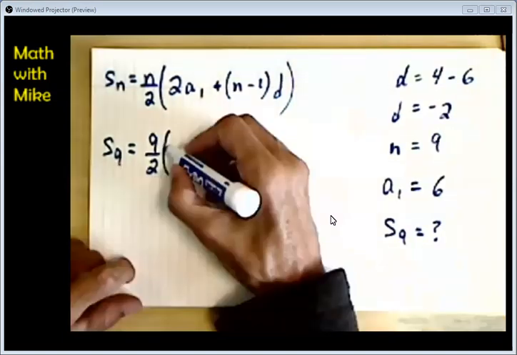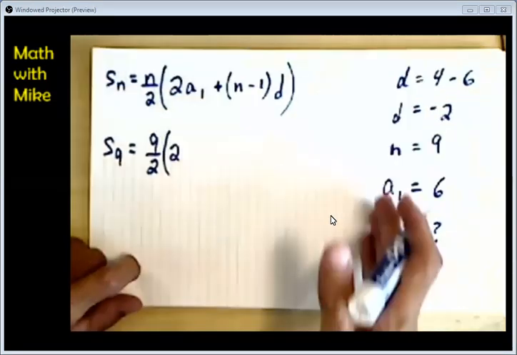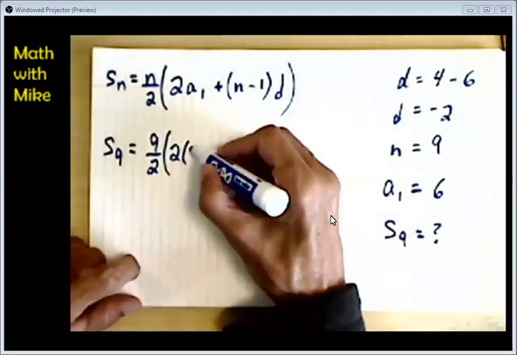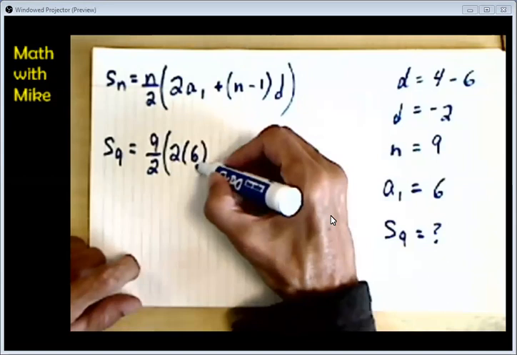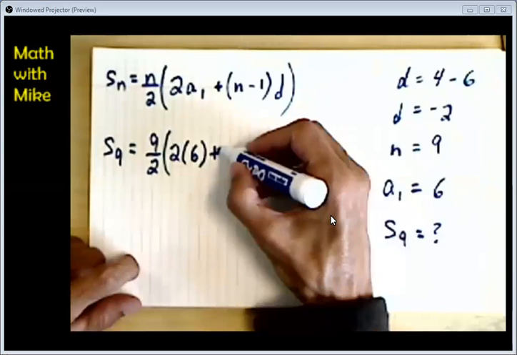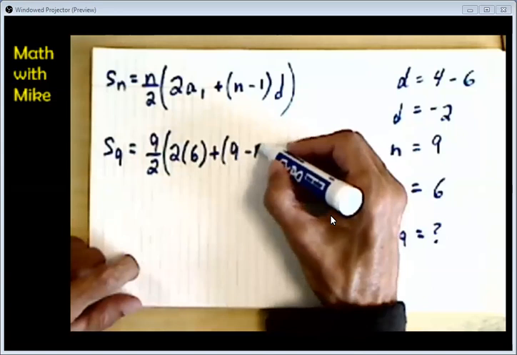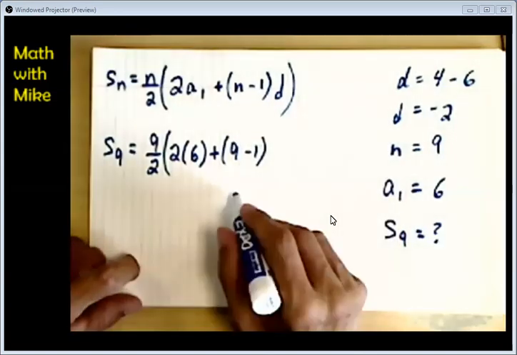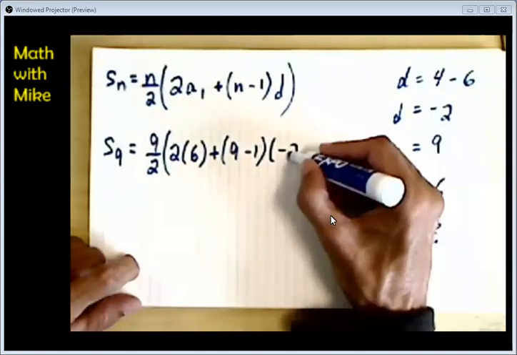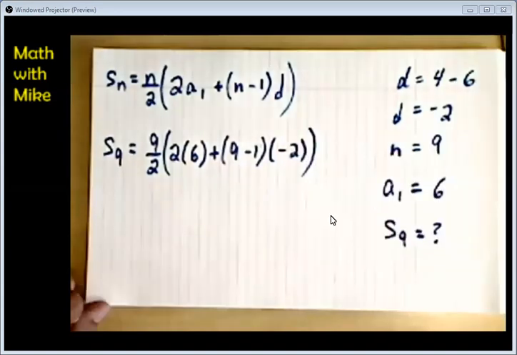For D, because there's a negative there, a minus, you put that in brackets, okay? Don't subtract it at the end. Put it in brackets. Perfect.